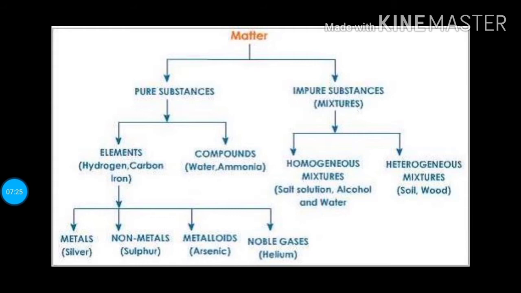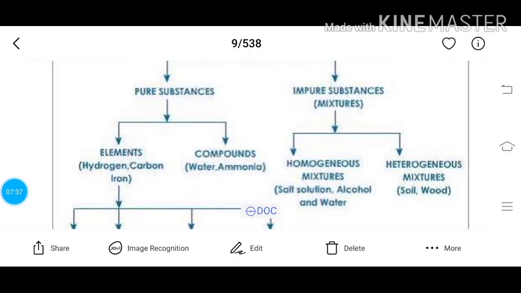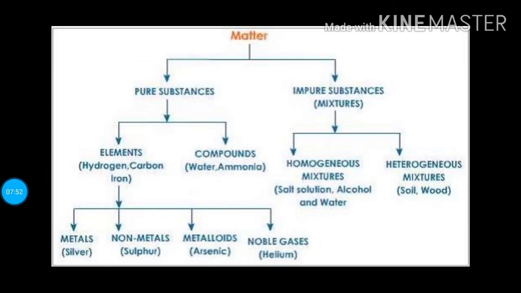We can say that these are all metals, or we can define that metals are those which have a hard surface and a shiny appearance. Metals are hard and shiny. And non-metals are those which are not hard and have a dull appearance. Dull appearance means their surface is not shiny. So those are called non-metals.